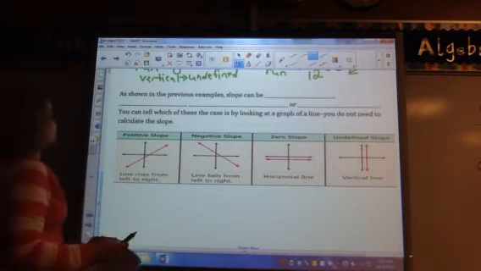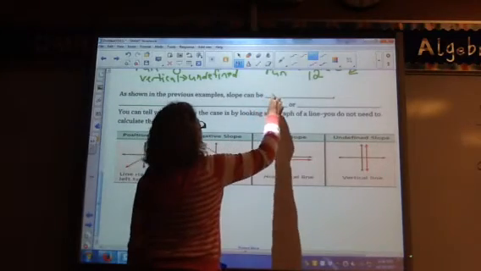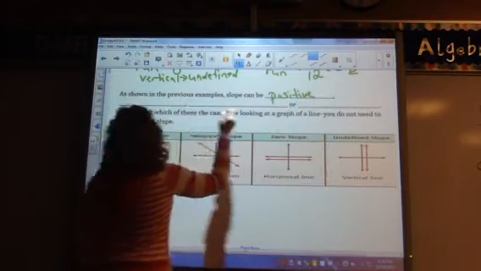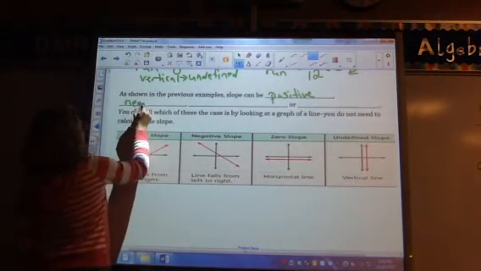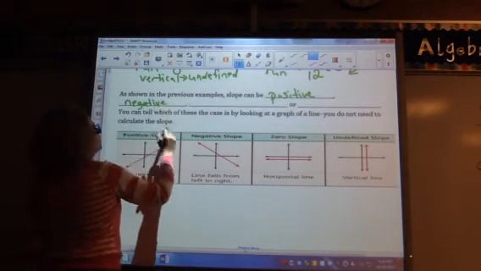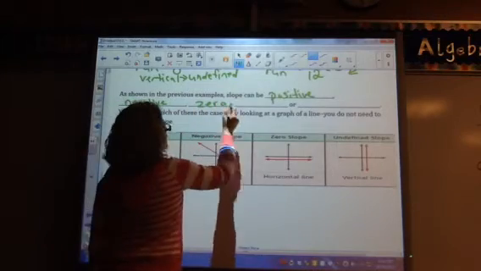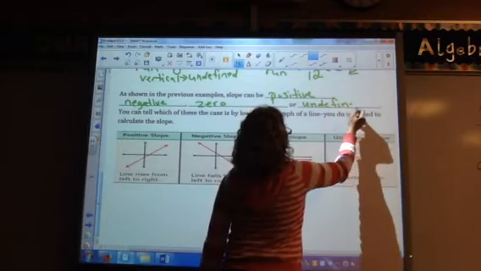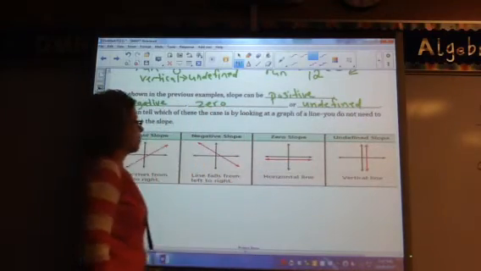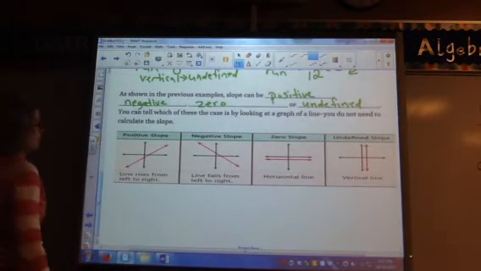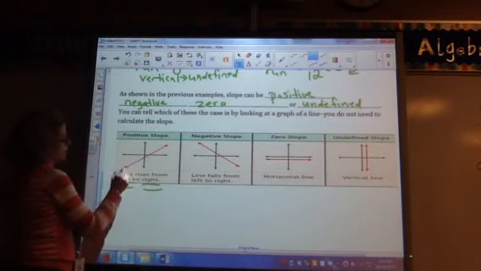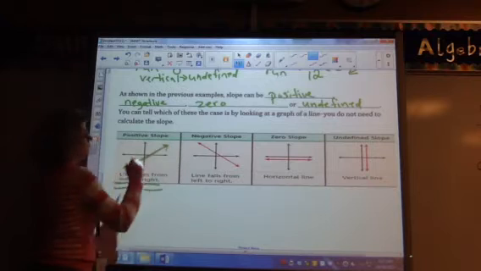Okay, so as shown before, we can have a positive, we can have a negative, we can have 0, or we can have undefined to represent our slope. Okay? So, from left to right. Start left, follow the line, it goes up.